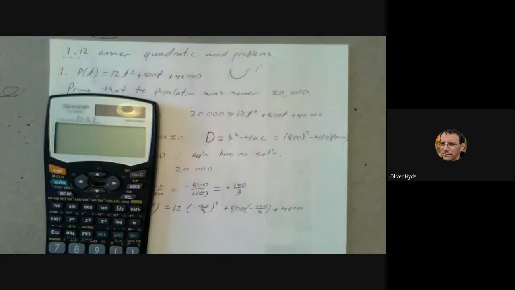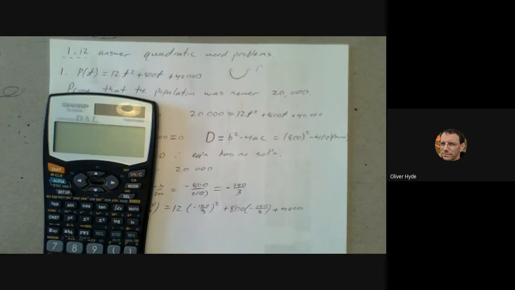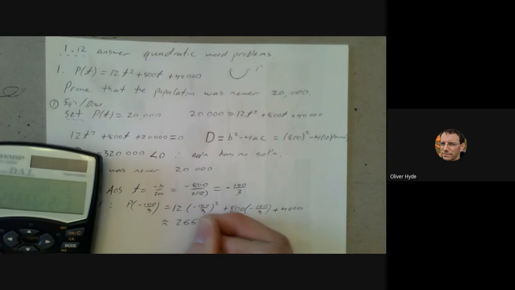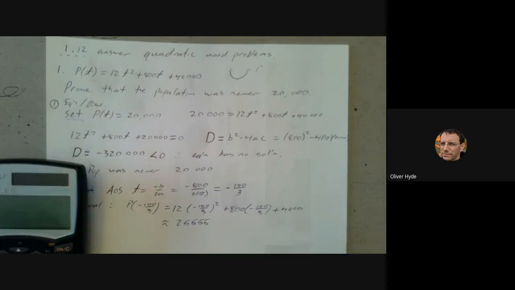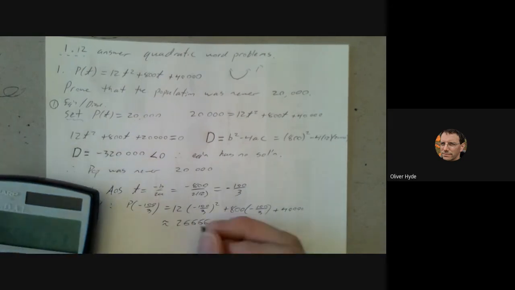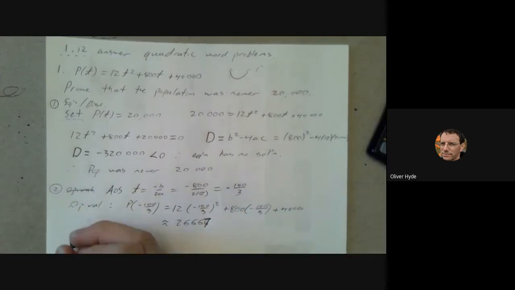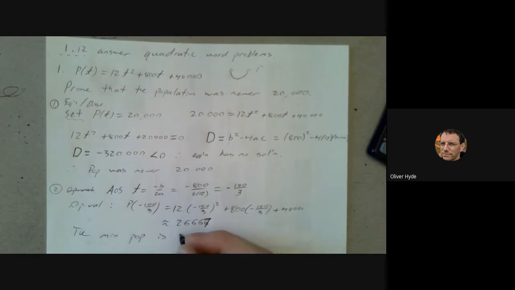I'll do 12 times negative 100 thirds squared plus 800 times negative 100 thirds plus 40,000. And that's going to be about 266,666 people. I'll round it off to the nearest person. Maybe I should have rounded it up to the nearest person. Okay. The minimum population is about 26,667.